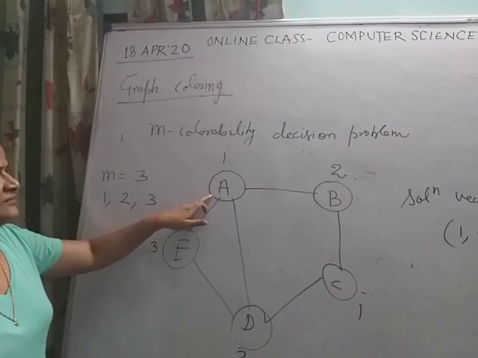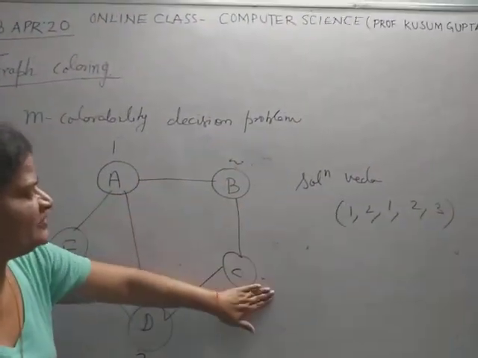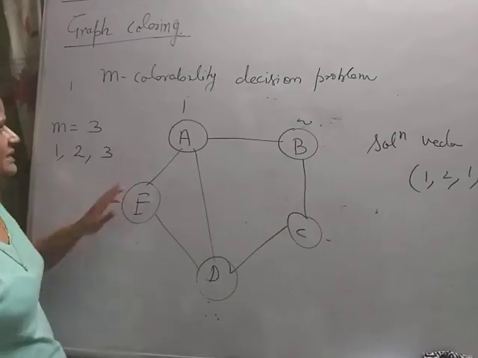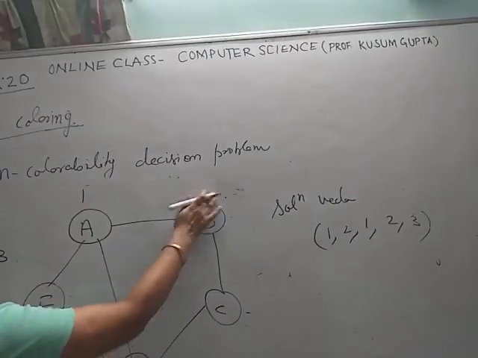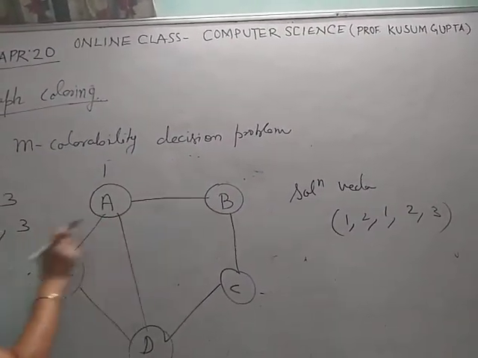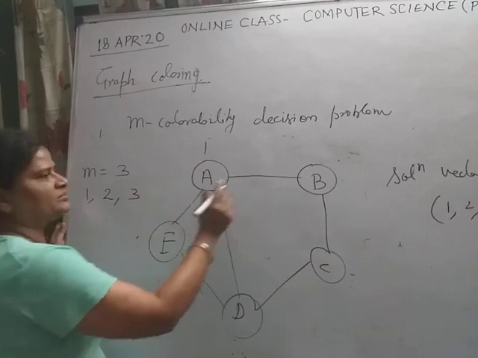There is another possibility also. Suppose I have colored the first vertex with color number 1. Then for the second vertex there are 2 choices: color number 2 or color number 3.